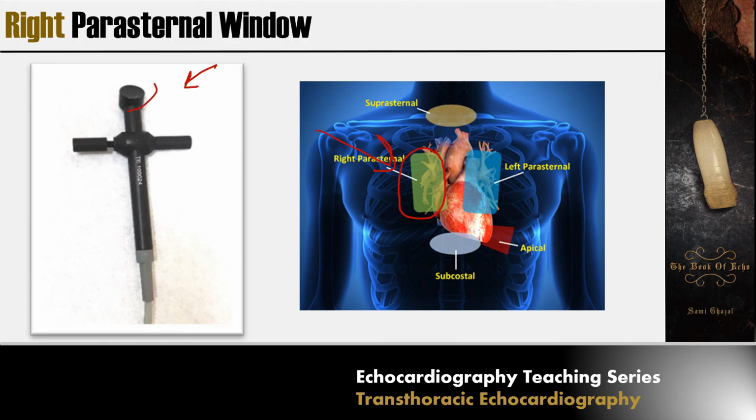Because it has a small head where it can be easily situated in the intercostal space somewhere here and tilted up and down in a way it will be oriented with the aortic flow. So you don't see any image, but you will move it and try to orient it, so you will obtain the maximal velocity of aortic flow, and it is used in cases of aortic stenosis. So you put the probe here and you sweep the probe toward the apex to get the maximal velocity.